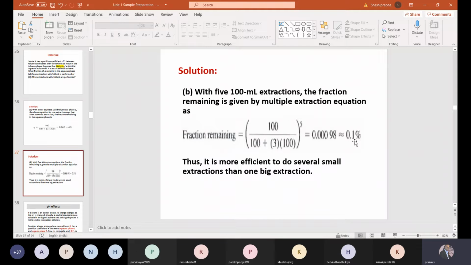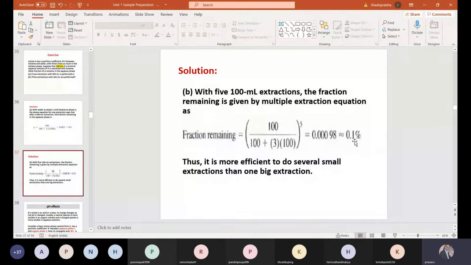What we understand from this is 99% gets extracted. Only 1% of that substance remains in the aqueous phase. So it has much higher efficiency than the previous case. What we infer is that when we do multiple extractions with small volumes, we get greater efficiency.